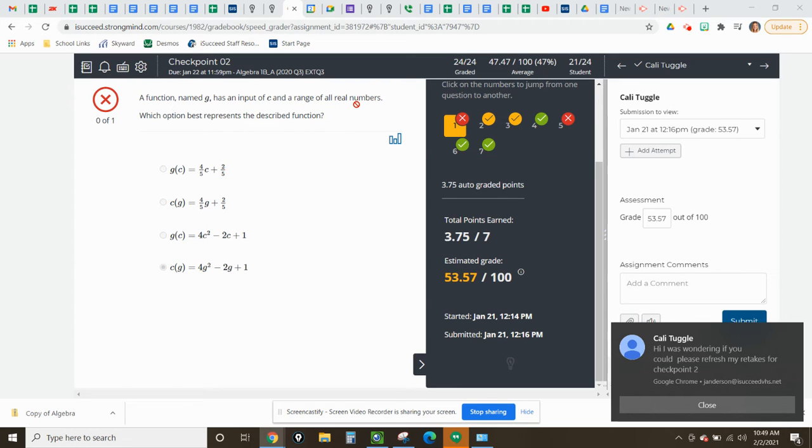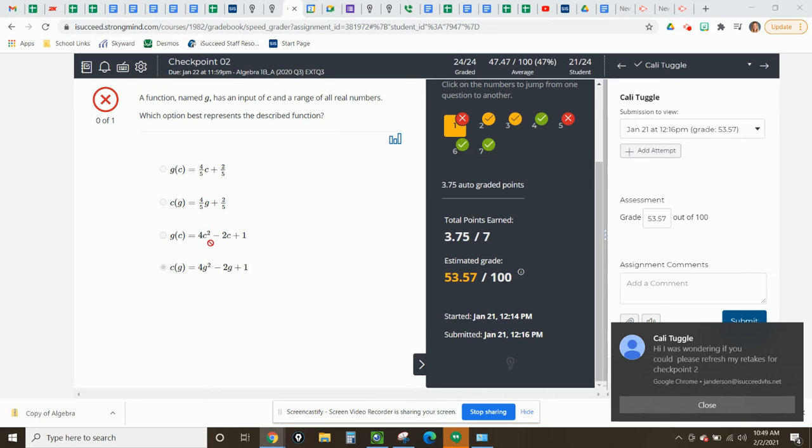So we need the numbers that come out of this function to be all the real numbers. Looking at this one right here, I noticed there's a c squared. When we square something, what comes out is going to be positive. For example, even if I put in -3, -3 squared is +9.